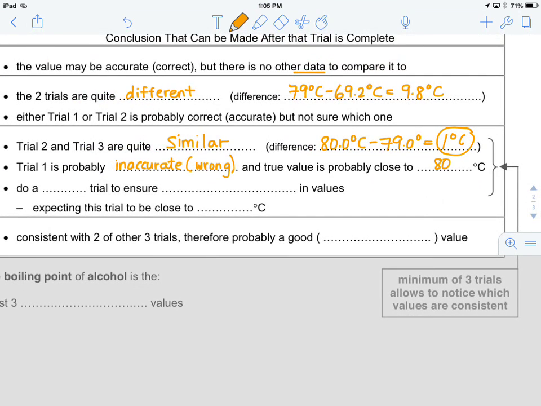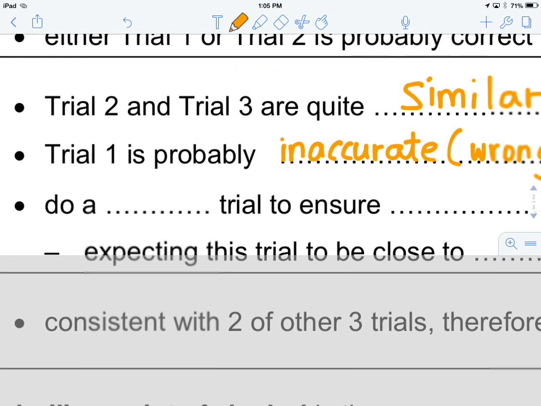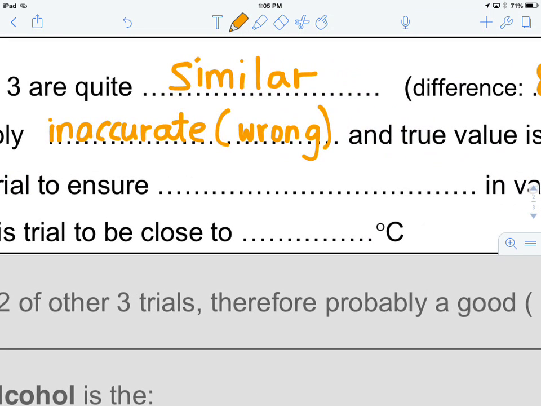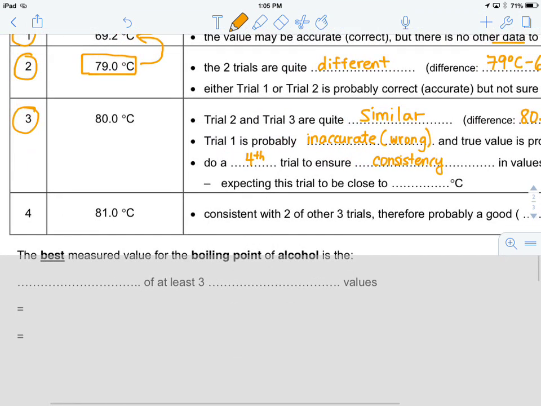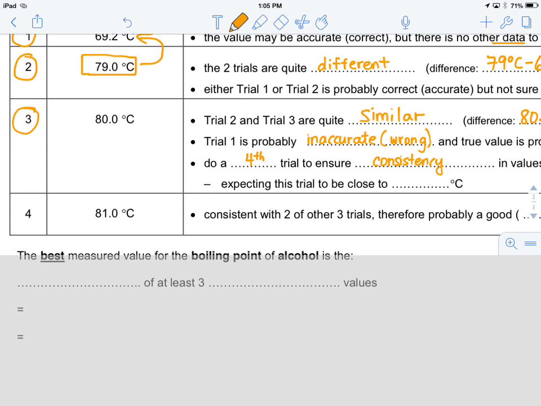The last step in this process is to do a fourth trial. We're doing this to ensure consistency. We did pretty well with trial 2 and trial 3, and now we just really want to hammer this home to prove to ourselves that the true value is around 80 degrees Celsius.